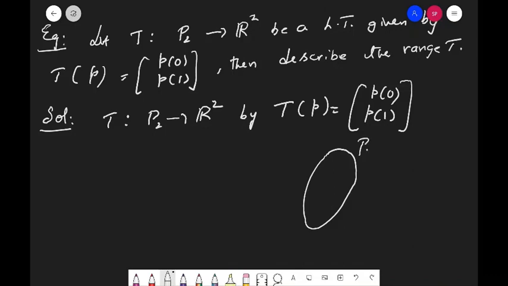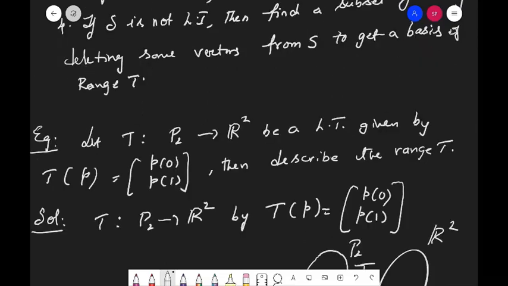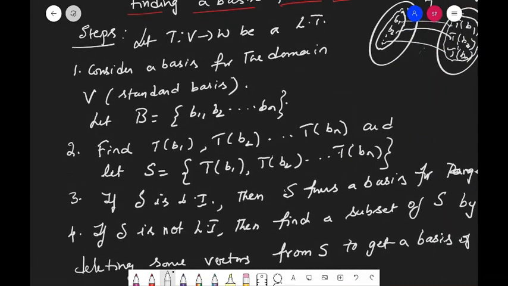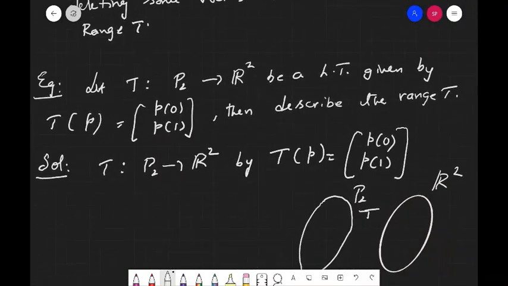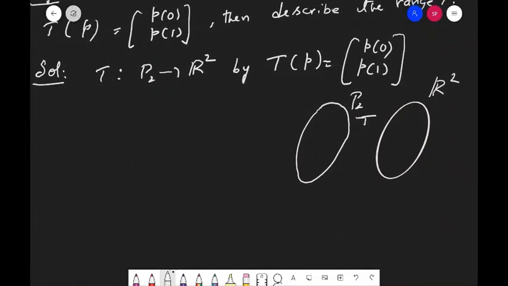This is P2 and this is R2. So what is the first step? We have to consider a basis for the domain V, especially the standard basis. What is the domain here? The domain is P2. What is the standard basis for P2?